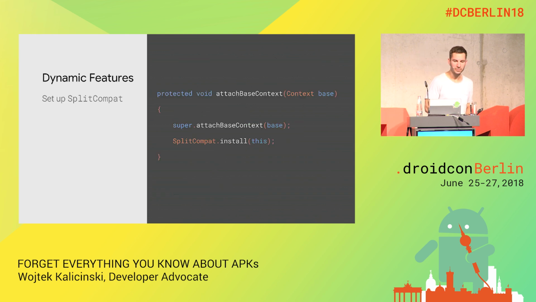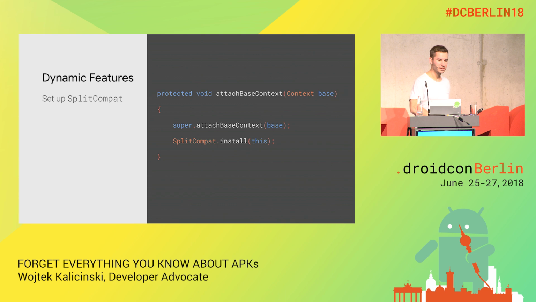But the important part is the other thing you have to do, which is to use split compat. In your application object, you can either subclass the split compat application, or if you're already using your own custom class, you simply have to install split compat.